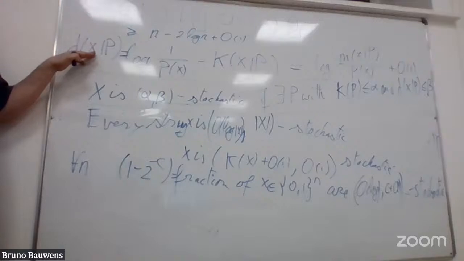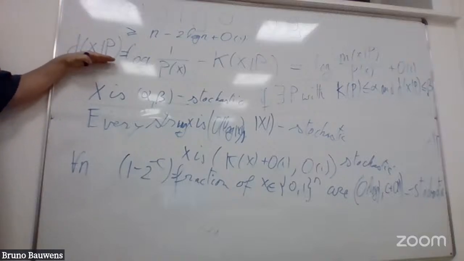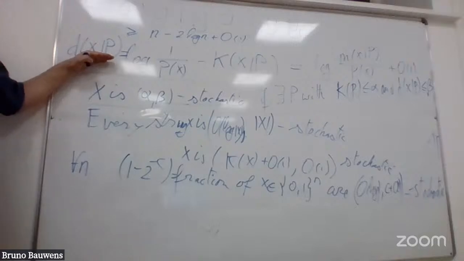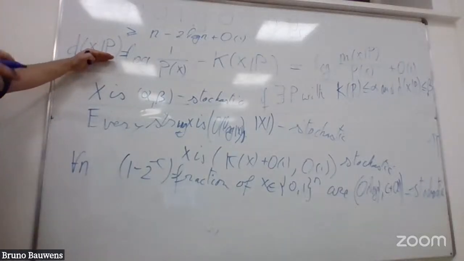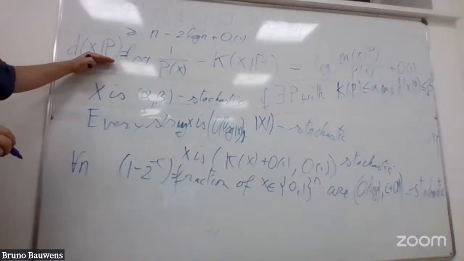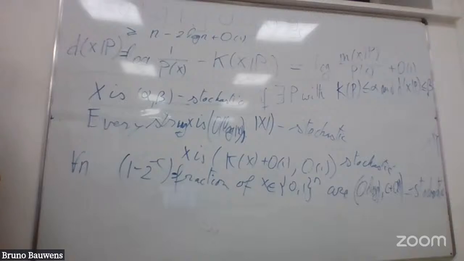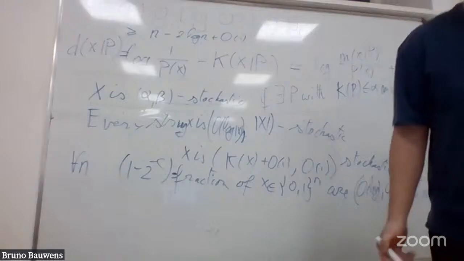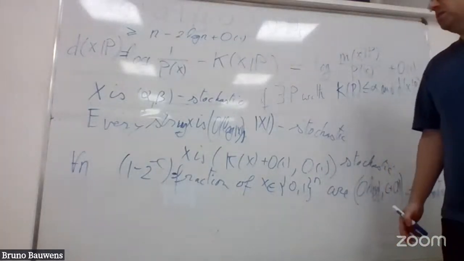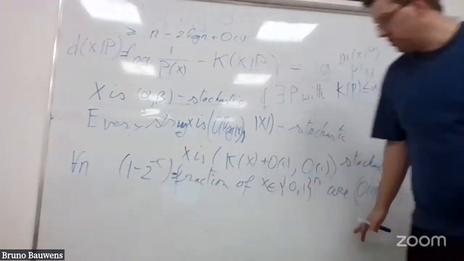When we generate X randomly of length n, then we know that the probability that randomness deficiency is bigger than C is proportional to 2 to the power minus C. But our proof doesn't work exactly like this.